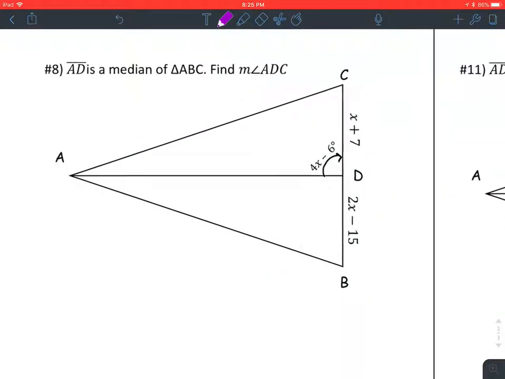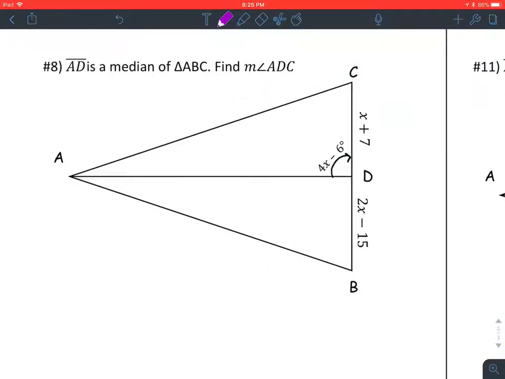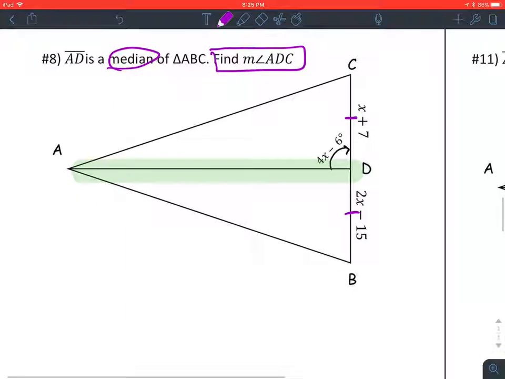Similar picture, if not the same picture. Segment AD is a median of the triangle. So now it's saying that this segment goes through the midpoint of the opposite side. So that means those are the same length. Find the measure of angle ADC. Well, we can't find the measure until we first write an equation and solve it.